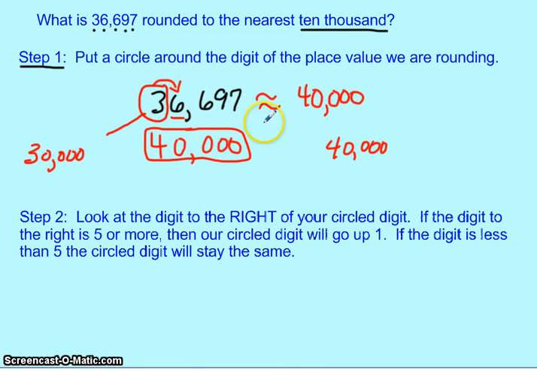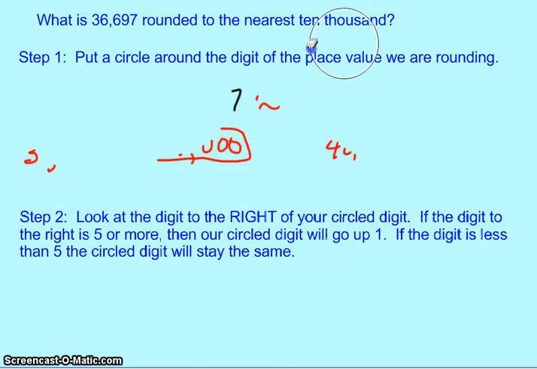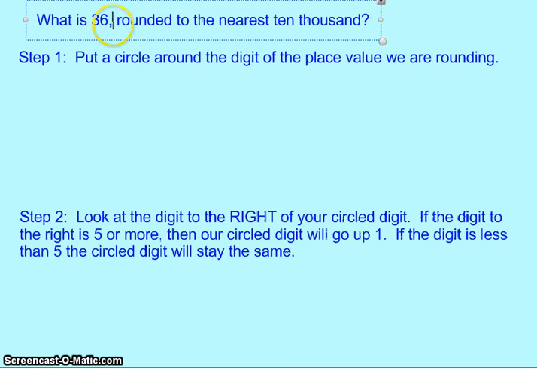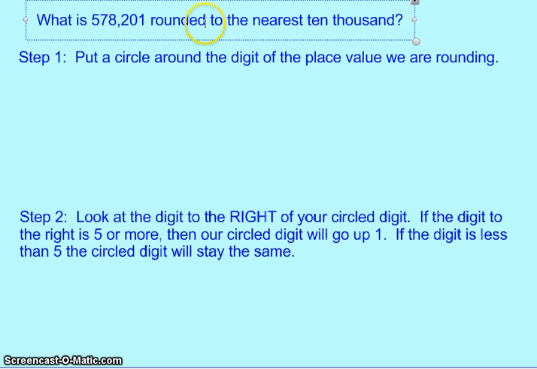So now I'd like for you to try one. I'm going to erase what I have up here. We'll still round to the nearest 10,000, but this time I want you to round this number to the nearest 10,000. 578,201.